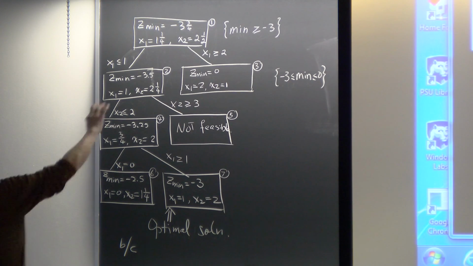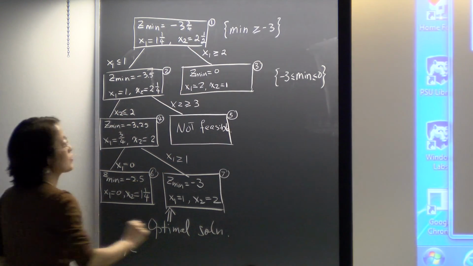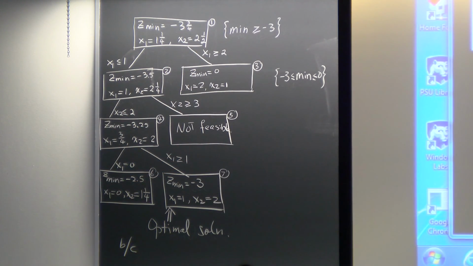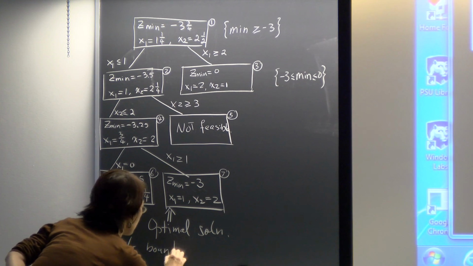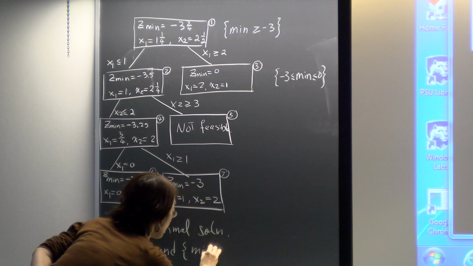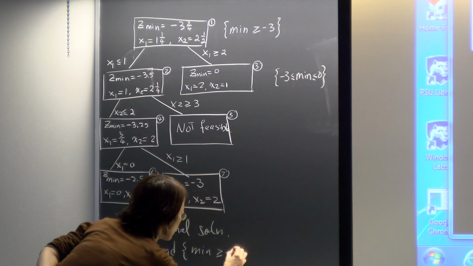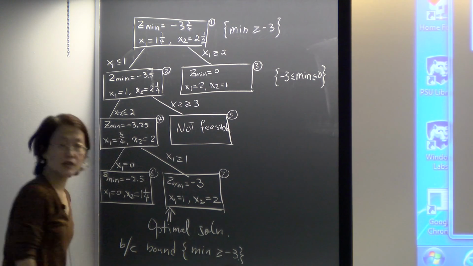Look at the information we have collected on the bound, on the minimum. What is the best, the smallest minimum I could hope for? -3. Did I get it? Yes, I'm done. I cannot do any better. It can never be -4, right? Is that clear? Because of the bound that you have, you know the min has to be bigger than -3. That's why. Then you're done.